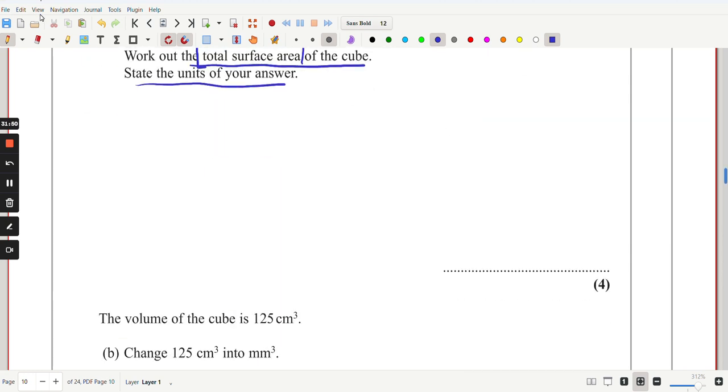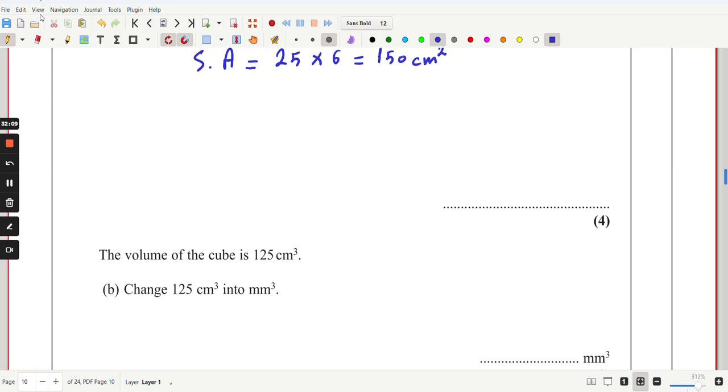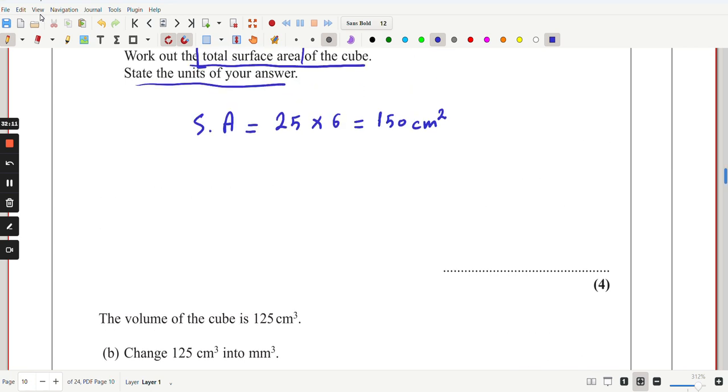Now the total surface area is 25 times 6, which is equal to 150 centimeters squared. And write it down here.